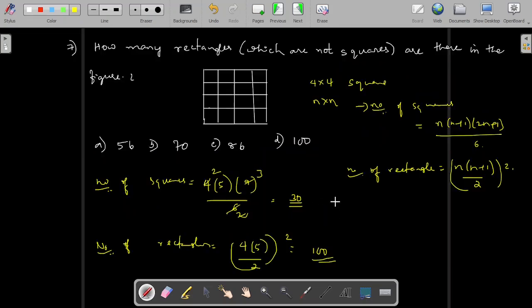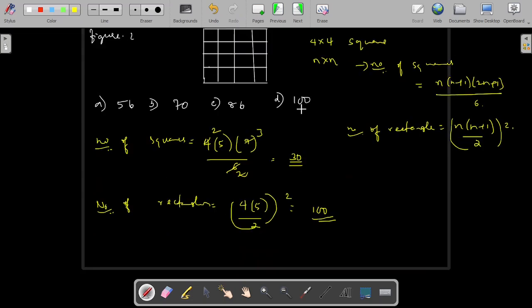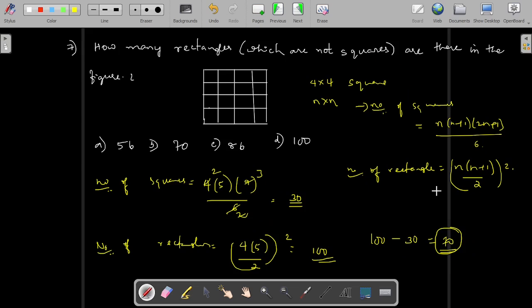So here they are asking how many rectangles which are not squares. So total 100 rectangles, out of which, because every square is a rectangle, squares are 30, subtract that, then you will get 70 rectangles which are not squares. Therefore, second option is the answer.